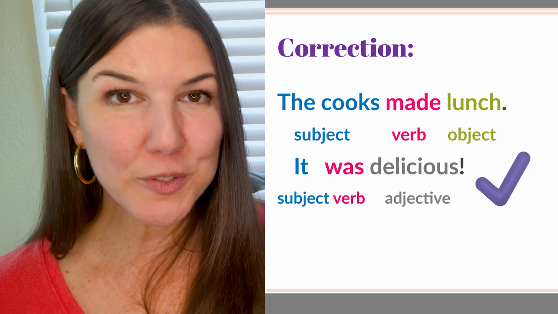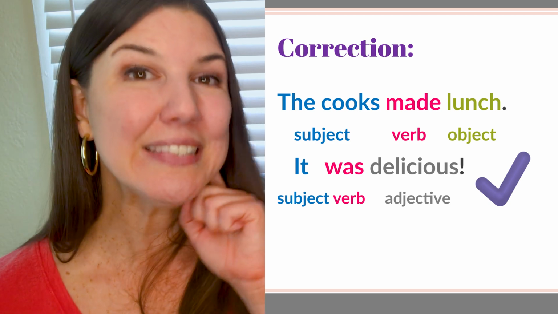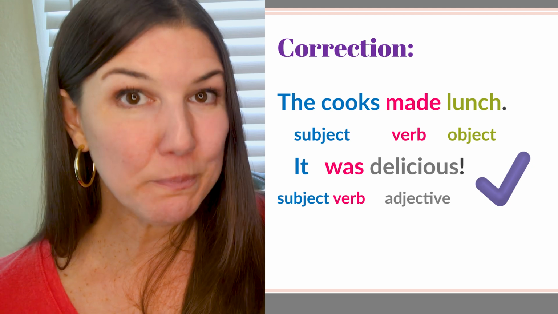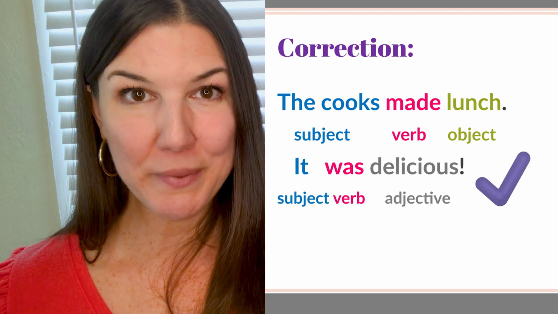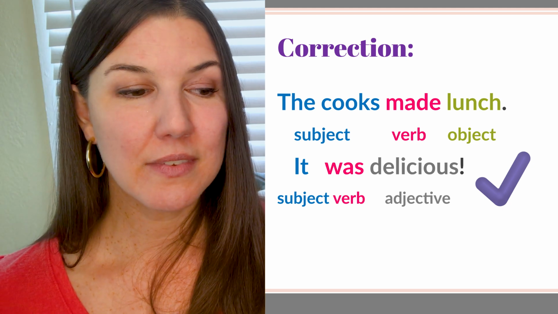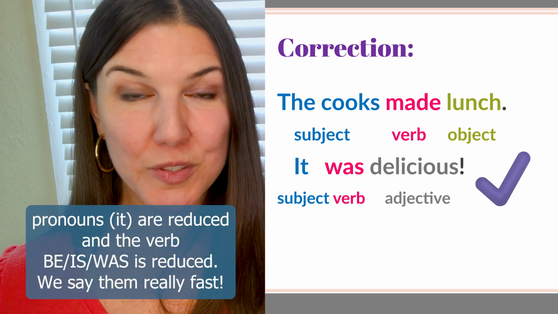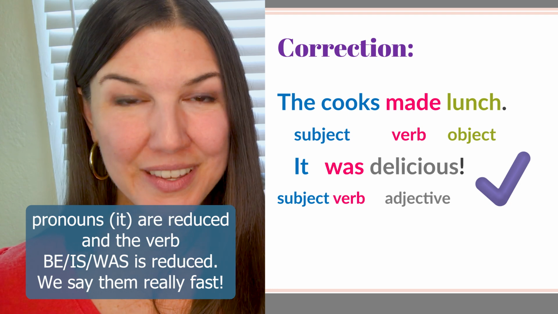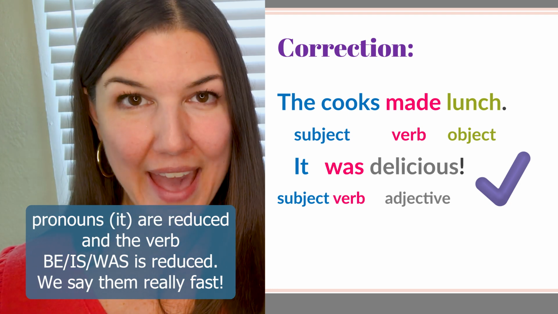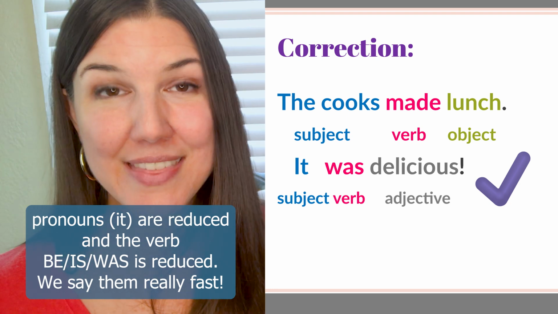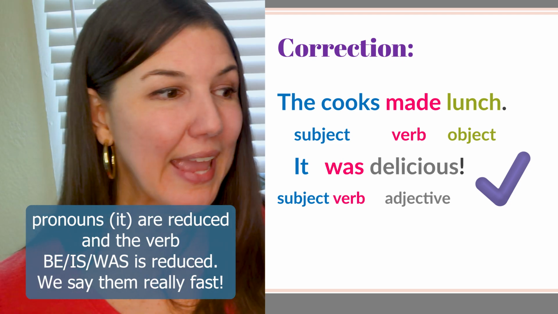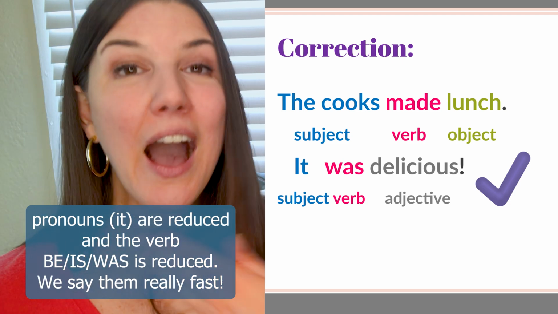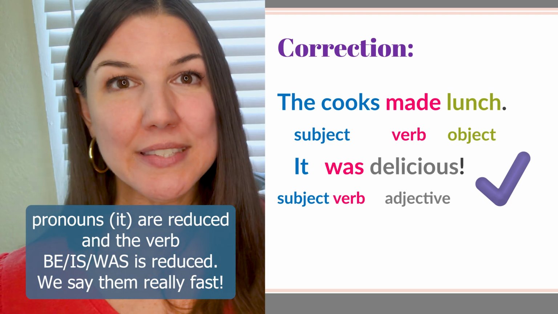And it can be confusing because of the way that it sounds when we speak, when native speakers speak, because pronouns are reduced and the verb be is reduced. So we say them really fast. So when I say this sentence, I don't say it was delicious. I pronounce it, it was delicious.